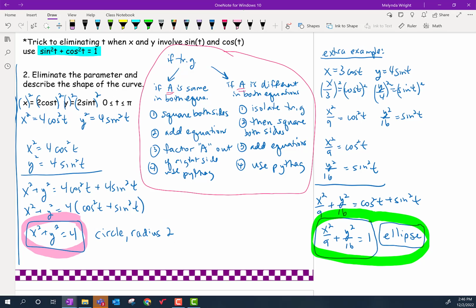They're both centered at 0, 0. They're centered at the origin. It's more complex when they're not centered at the origin, and we're not going to do that before the break. Okay? A little bit more complicated. This is an ellipse centered at the origin.